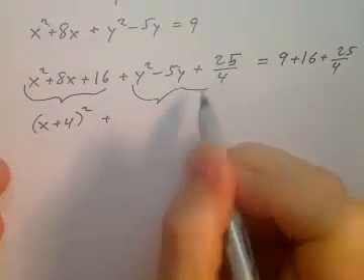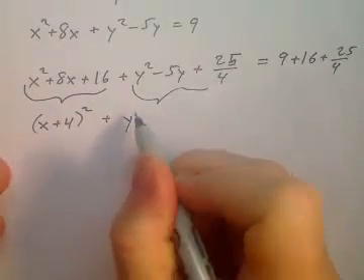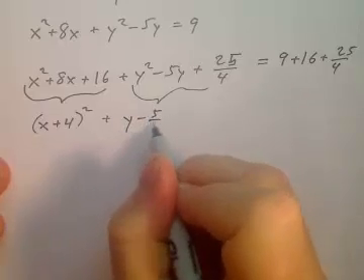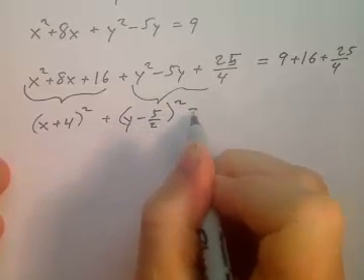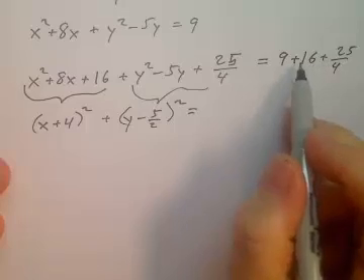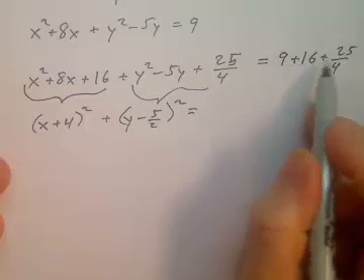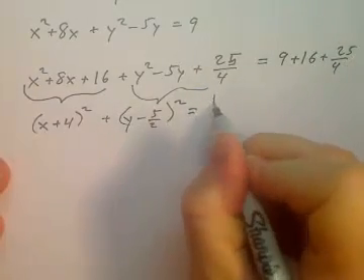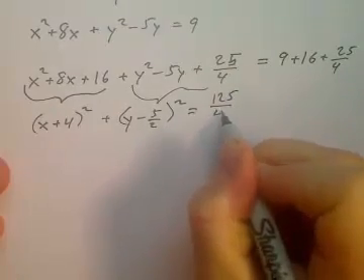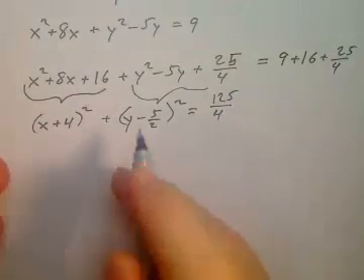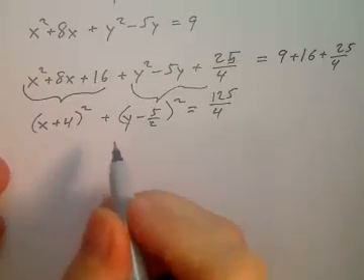And then these terms here give us a y minus 5 halves squared. And here this is going to be 25 plus 25 over 4. It's going to be 125 over 4. And so we have an equation of a circle.